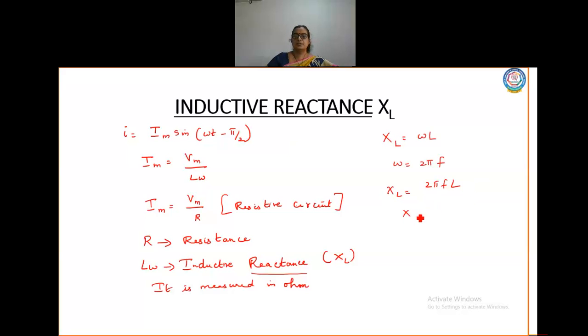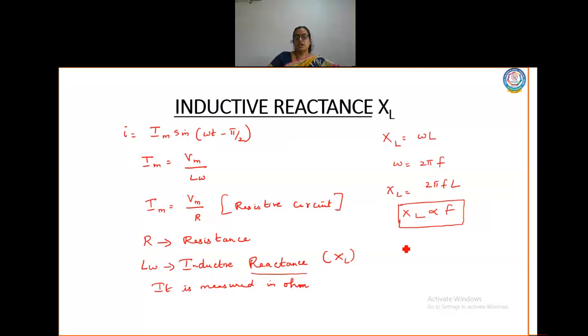So XL purely depends on frequency. Definitely this reactance has a dependence on the frequency of the alternating current. Since the current is alternating, you have a frequency which makes this value change. So you call this inductive reactance.